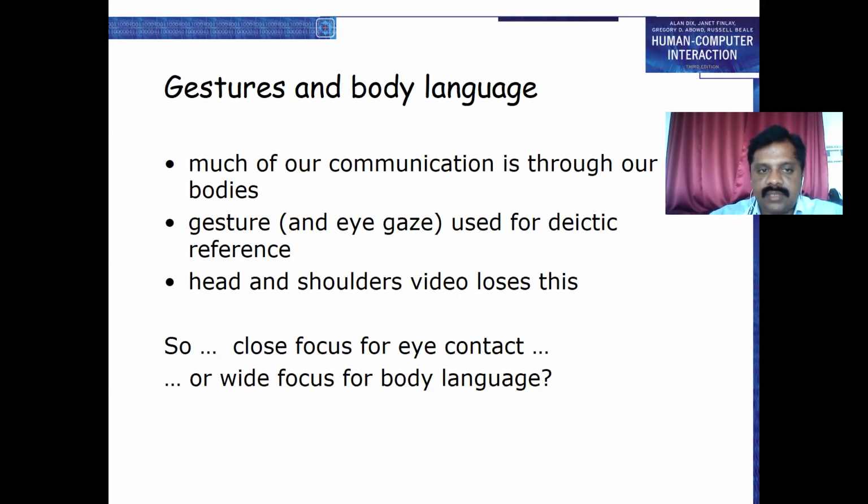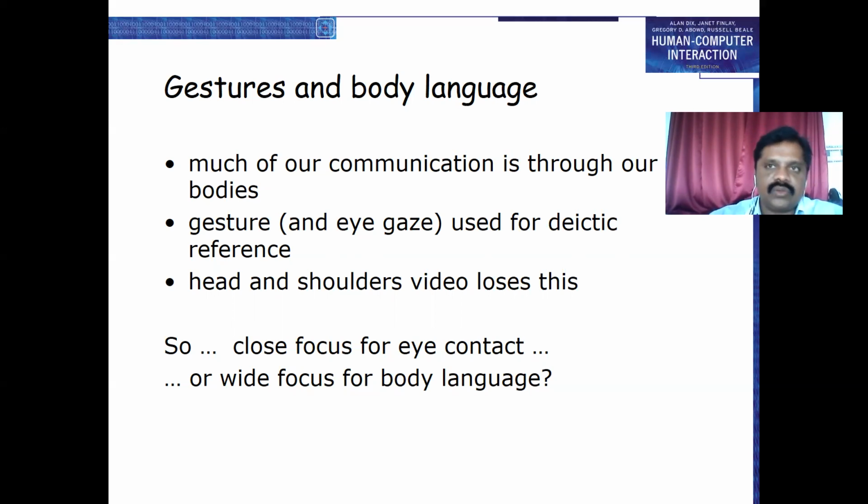Gesture and body language means, when you are interacting with others, how your eye gaze interacts with them: where you are looking, how you are looking. All this comes under gesture and body language. When we are directly in contact with one person, they may know your body language.